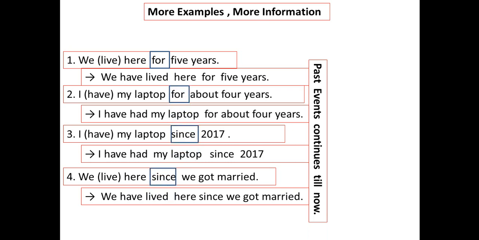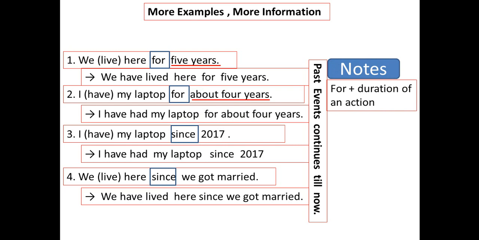What about their time expression words or phrases? So here is a note. For is followed by the duration of an action. Duration means the length of action, and since is followed by the starting point of action, that means since is followed by when the action starts.